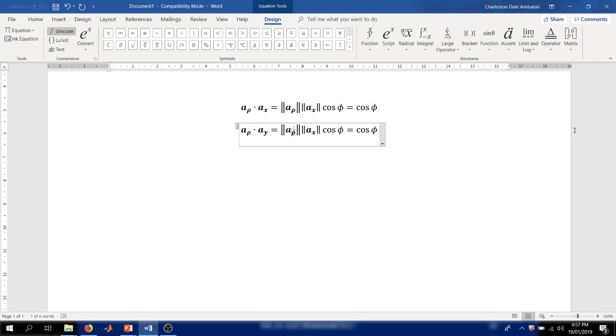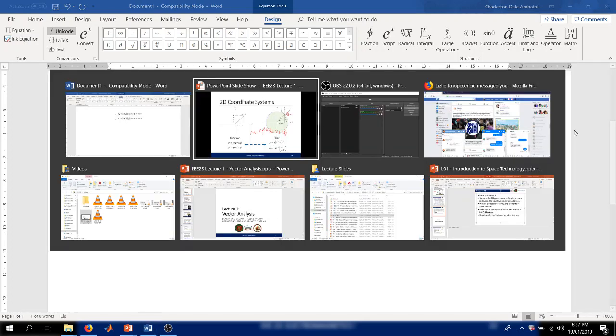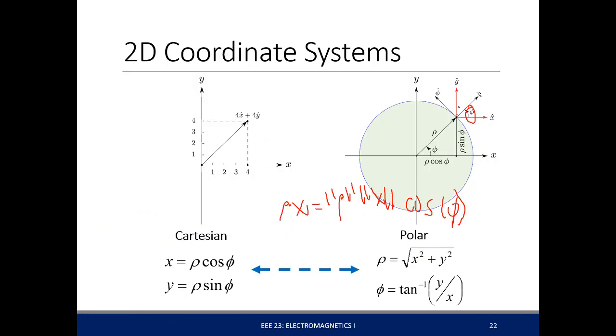Now you can do the same when deriving A_rho dotted to A_y. But in this case, the angle between them is different. Since Y and X have a 90-degree angle, the angle between A_rho and A_y is equal to 90 minus phi.